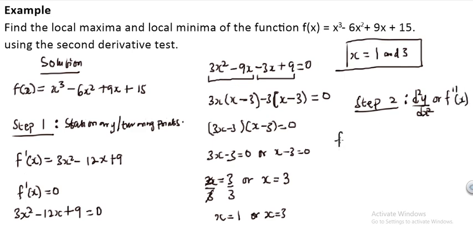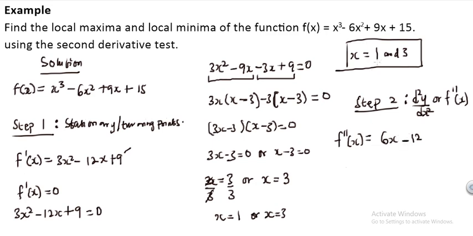So finding f double prime of x, if I differentiate the first derivative, 3x squared, I get 6x. If I differentiate the term minus 12x, I get minus 12. And if I differentiate plus 9, this will be 0. So this is my second derivative.